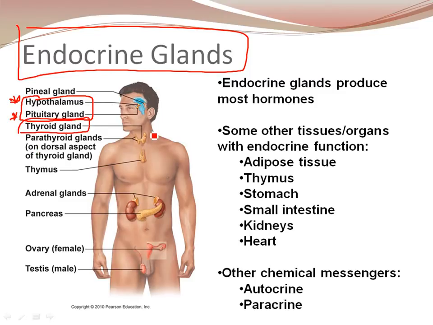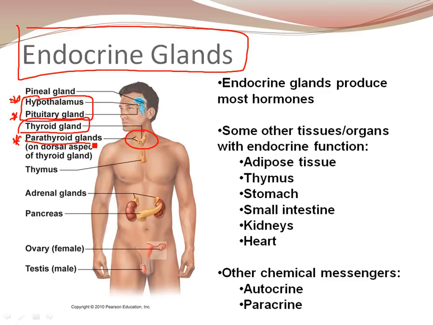The thyroid gland, hopefully you remember, is the butterfly-shaped gland that's located on the anterior side of the trachea and makes some very important hormones for metabolism. The parathyroid glands, little tiny ones located on the posterior side of the thyroid, produce parathyroid hormone.